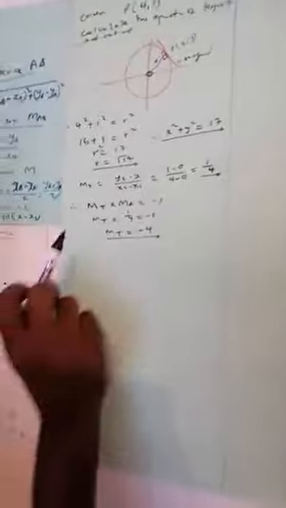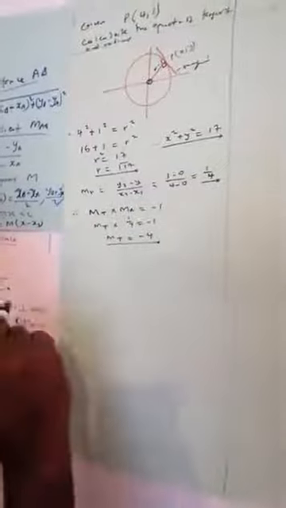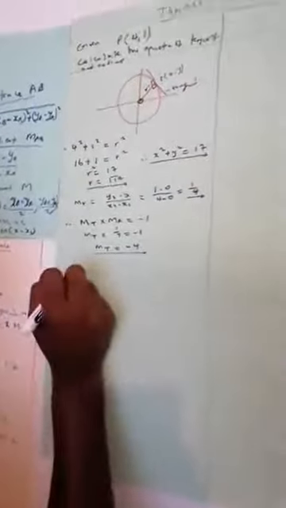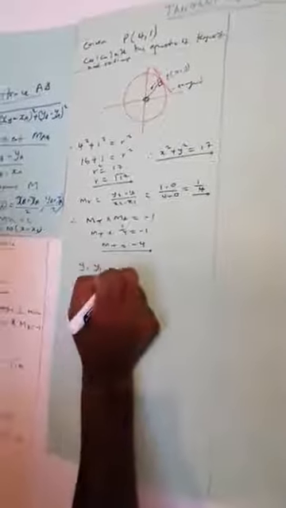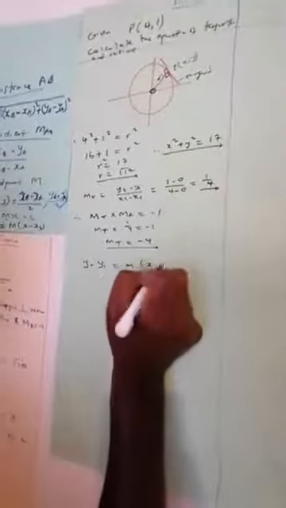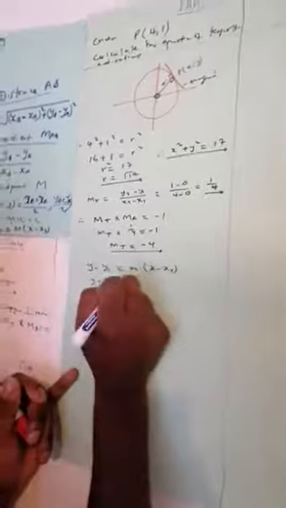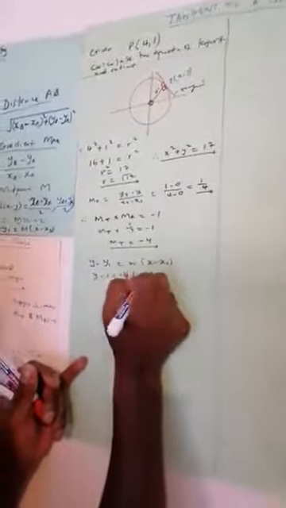Okay, if we want to calculate the equation, we must have the gradient and one point. Now we've got the gradient, and the point is (4, 1). So you say y minus y1 is equal to m times x minus x1. Then y minus 1 is equal to -4 times x minus 4.